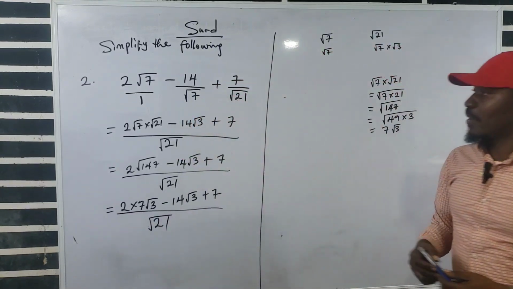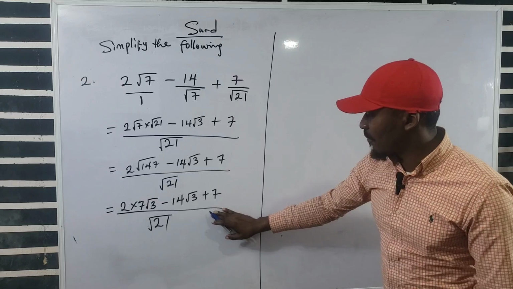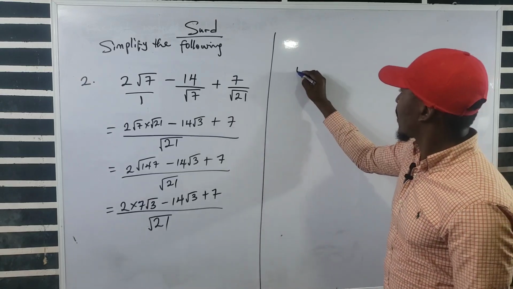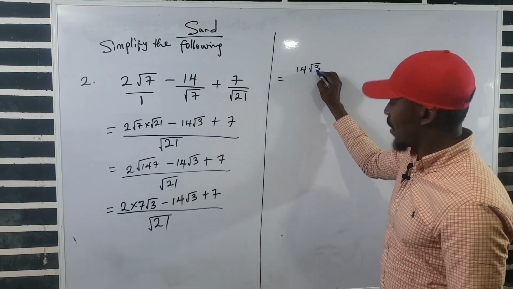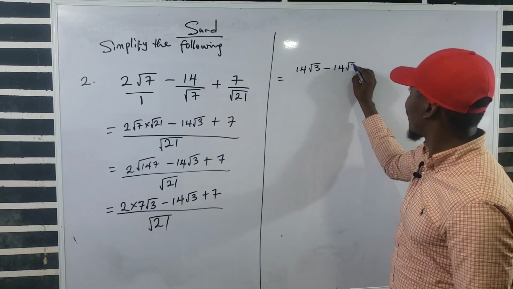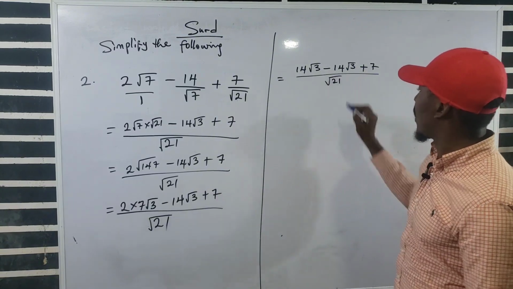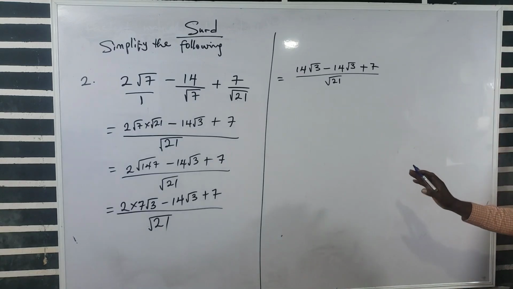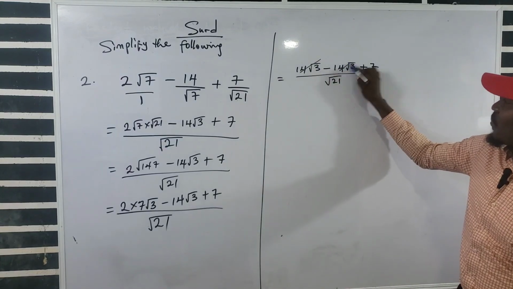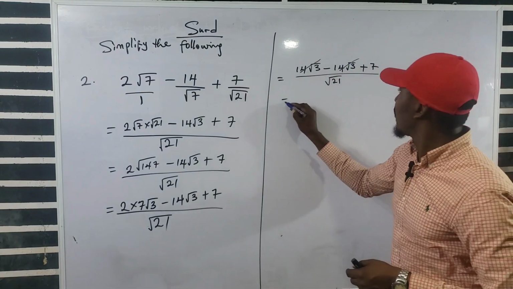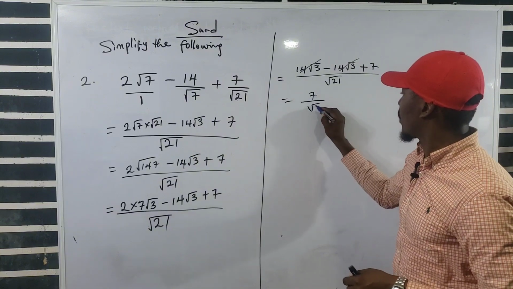So let us finish it up here. So that will give you 14 sort 3 minus 14 sort 3 plus 7 over sort 21. That is interesting. So you can see that 14 will go. So that will give us 7 over sort 21.